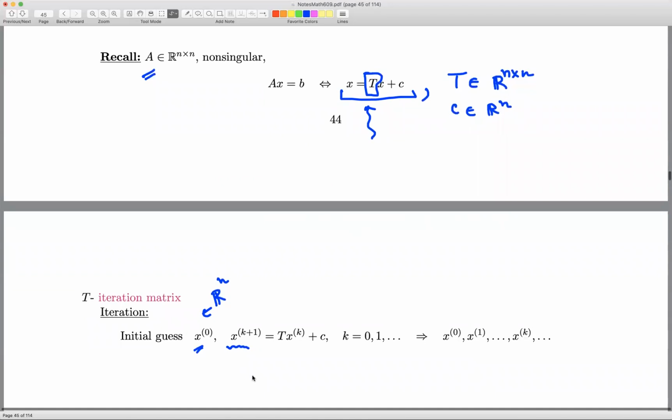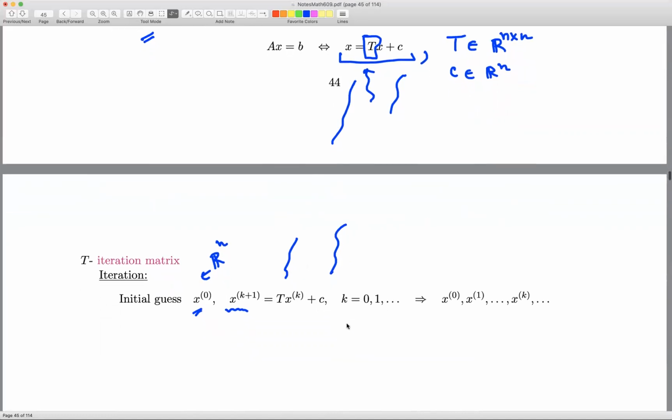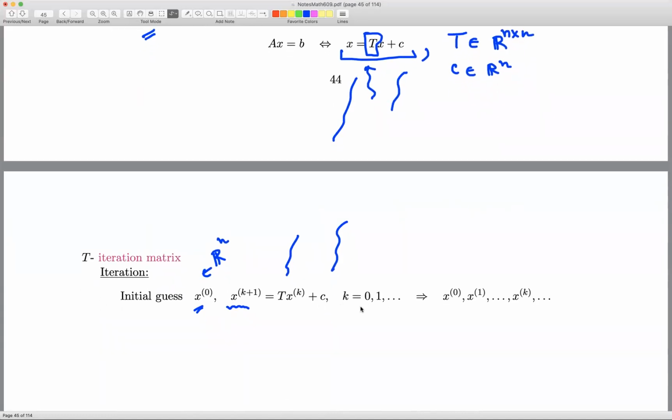the vector that we obtain at the (k+1)-st iteration, is equal to the matrix T applied to the vector x_k, which is the vector obtained from the previous iteration, plus c. So here this c is the same, and this T here is the same. And the iteration index k runs from 0, 1, and so on.